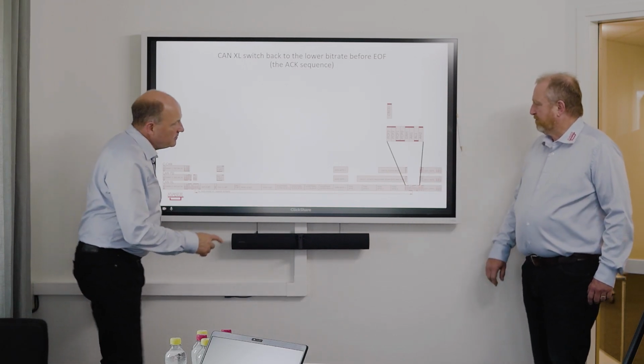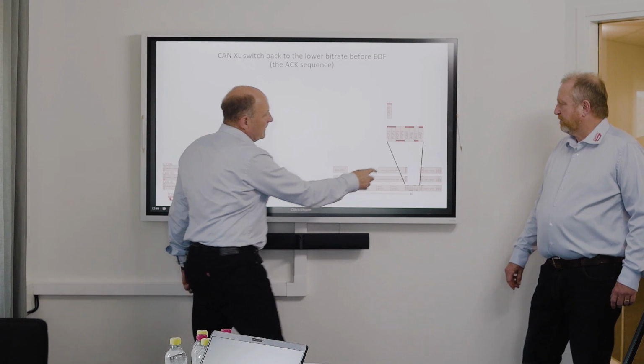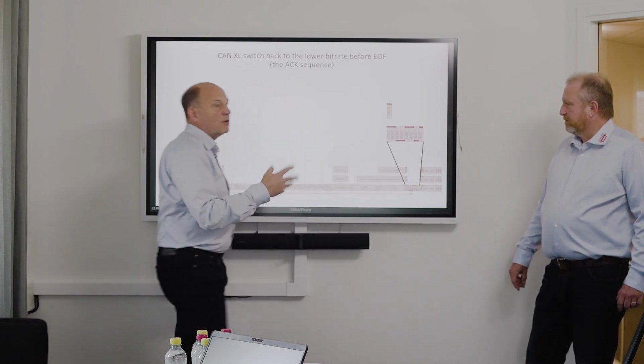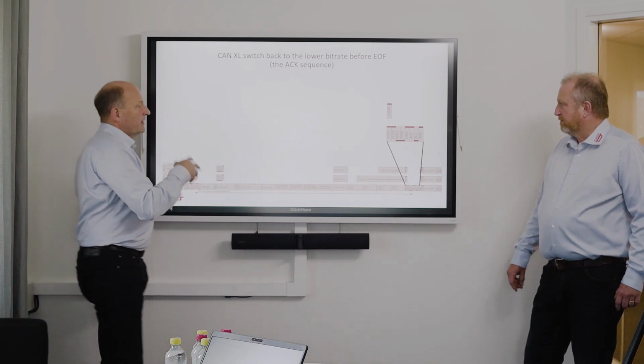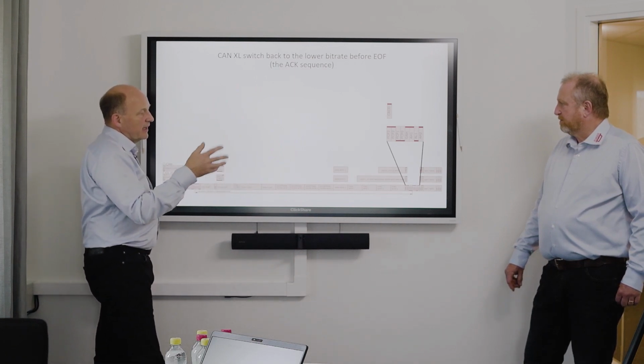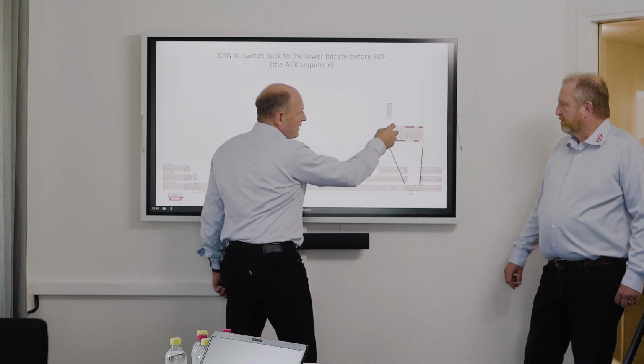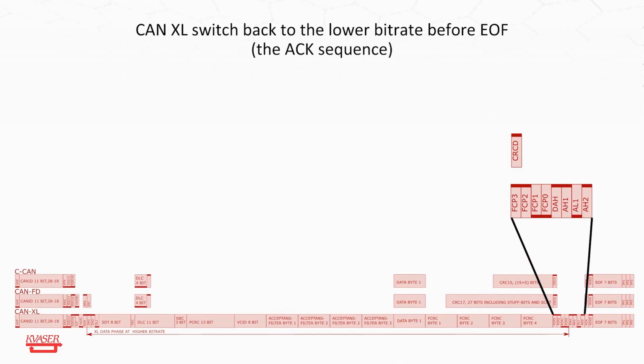Okay, we see here, after the CRC we have only a CRC delimiter, and then we switch into the ACK part. But here we have to do some more work. So we have one edge. Even if they look the same, these are the first 4 data bits. And here you have an edge which synchronizes all receivers.